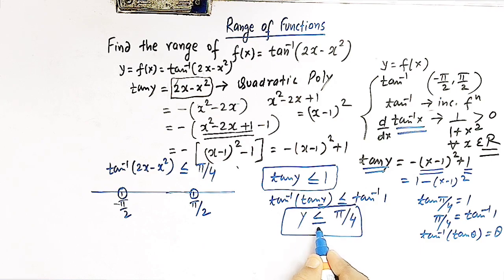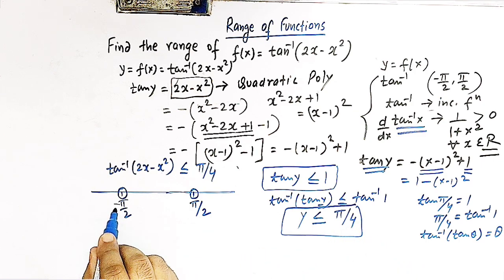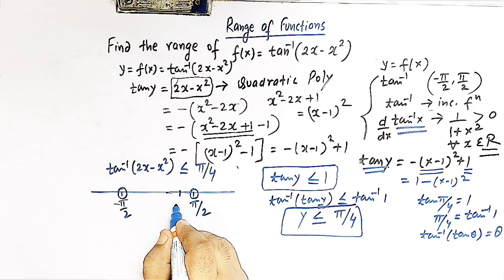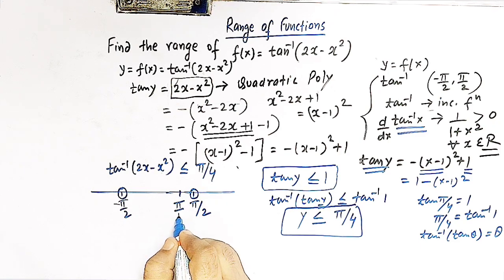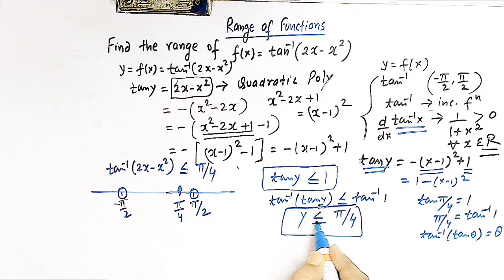So let us locate y equal to pi by 4, and pi by 4 lies between minus pi by 2 and pi by 2. So pi by 4 lies somewhere here, and pi by 4 is included, because here y is equal to pi by 4 and less than pi by 4.